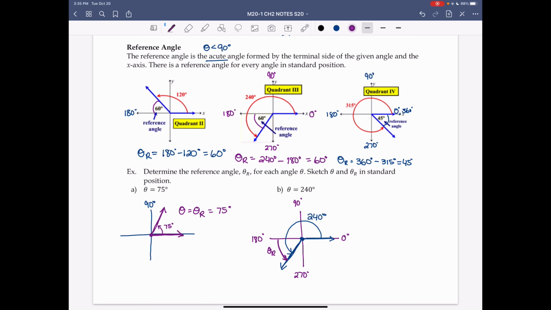So theta r equals, start with our whole angle, which is 240 degrees, subtract this portion here, which is 180 degrees, and that gives us 240 minus 180 is 60 degrees. So theta r is 60 degrees.